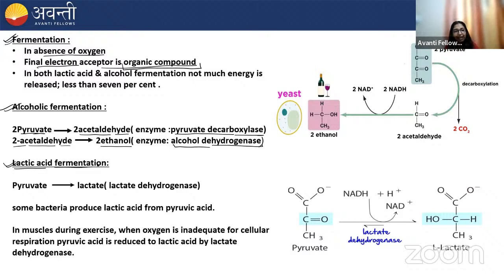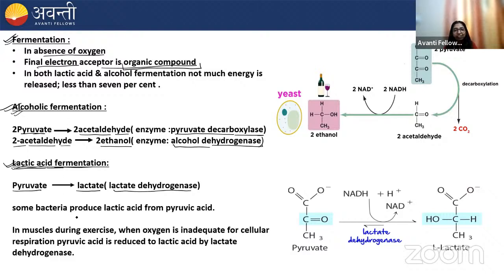Now is lactic acid fermentation. In lactic acid fermentation, pyruvate gets converted into lactate, and the enzyme which catalyzes this reaction is lactate dehydrogenase. In this process, there is no release of CO2. Okay, CO2 is not going to be released. So the only process where CO2 is released in fermentation is the alcoholic fermentation.